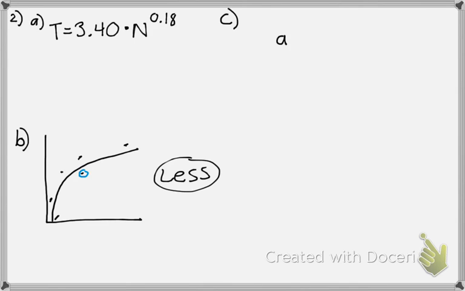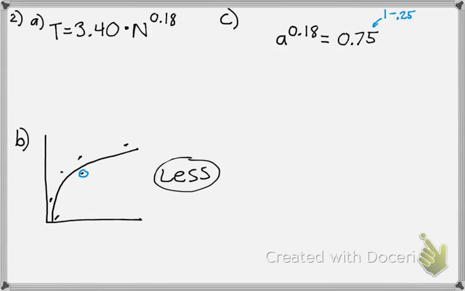So I would take the power that we have in our power model, which is 0.18, and I'm going to set this equal to, now they want to reduce it by 25%. So that would be like saying you're paying 75% of the price. So this is coming from 1 minus 0.25.